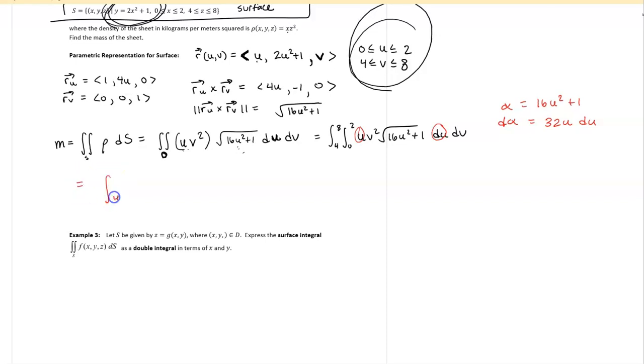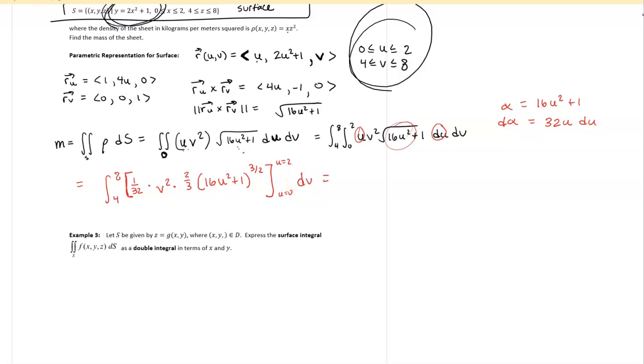So that is going to be the integral from 4 to 8 of 1 over 32. We're integrating this thing to the 1/2, so that is going to give me v squared times 2/3, 16u squared plus 1 to the 3/2, where we will be plugging in u equals 2 and u equals 0.